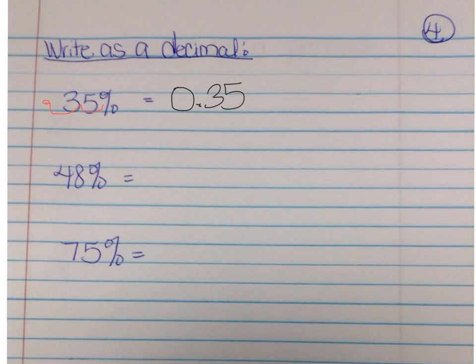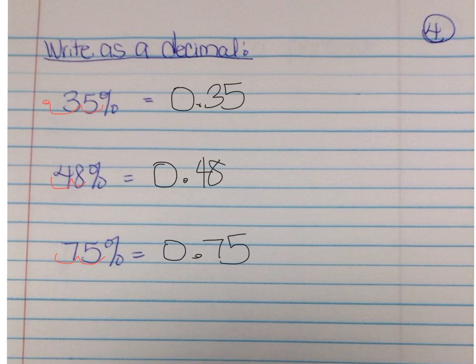Okay, and 48%, same thing too. We're going to go twice over, and 48% is going to be written as 0.48. And 75, again, we will go 2 to the left. And it becomes 0.75 when you're rewriting as a decimal.